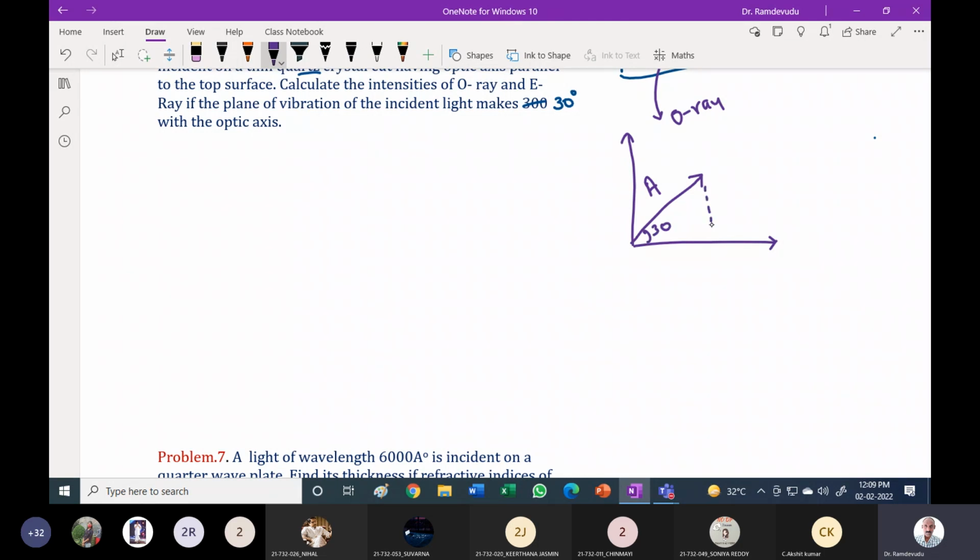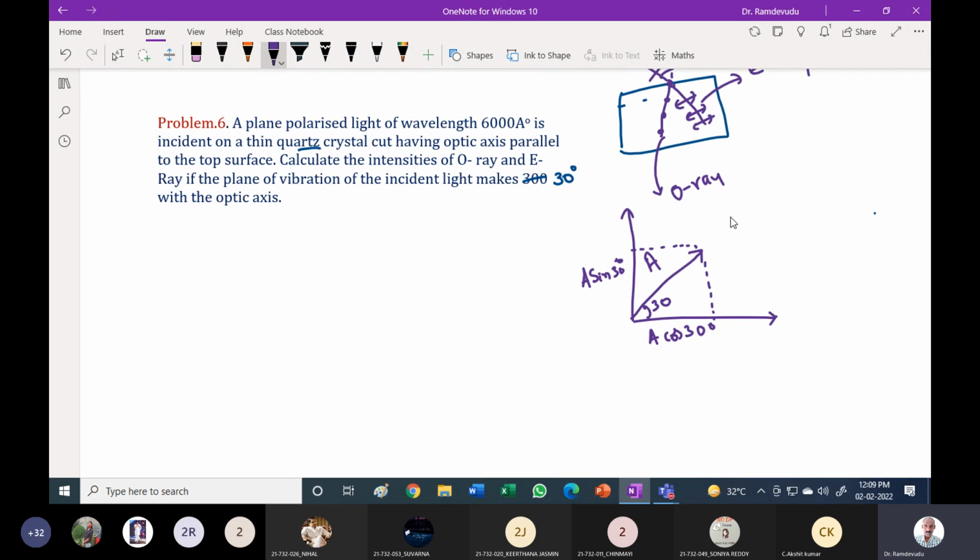Now I have to find the X component and Y component. This will become A cos 30 degrees, and this will become A sin 30 degrees. These are the two components.